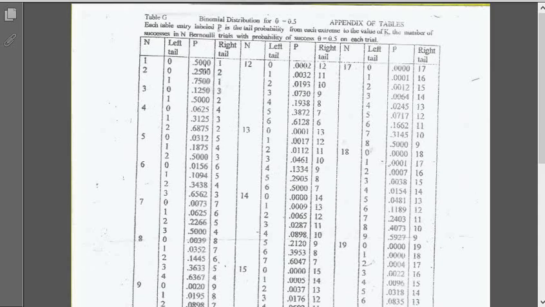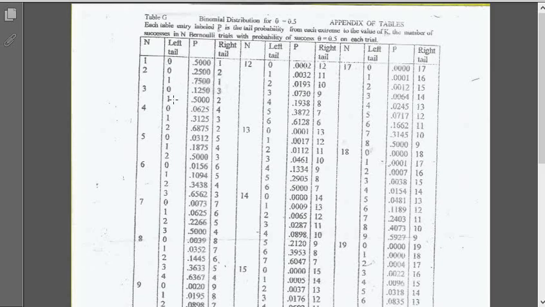Here instead of alpha value, it is given as P value. So P value is equivalent to alpha value. And we have left tail values and right tail values. So for each N, we have a set of left tail values and a set of right tail values corresponding to the P value.